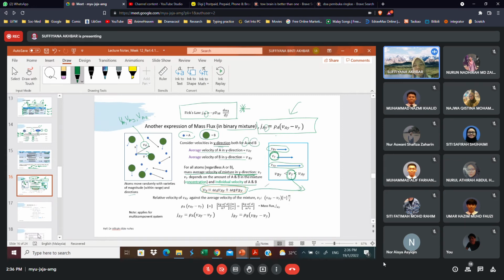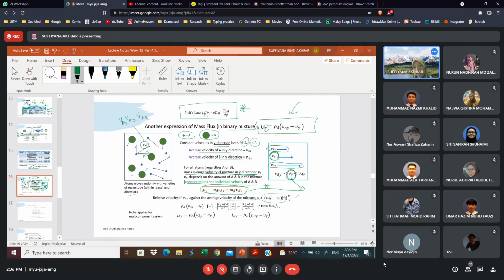You need to remember this one. So this is the relative velocity of v_Ay against the average velocity of the mixture, and the unit is meters per second.